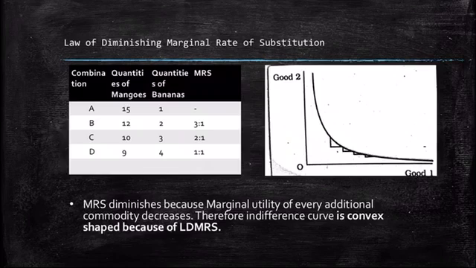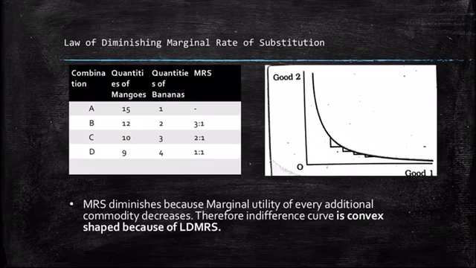The same thing applies here also. Here the consumer was getting an extra unit of bananas on every combination. Can you observe? On the first combination, A, he was getting only 1 unit of banana. On combination B, he was getting 2 units of bananas. On combination C, 3 units, and on combination D, 4 units of bananas.